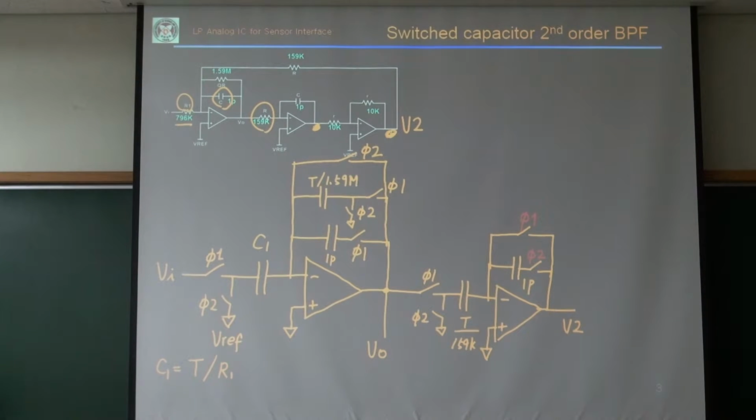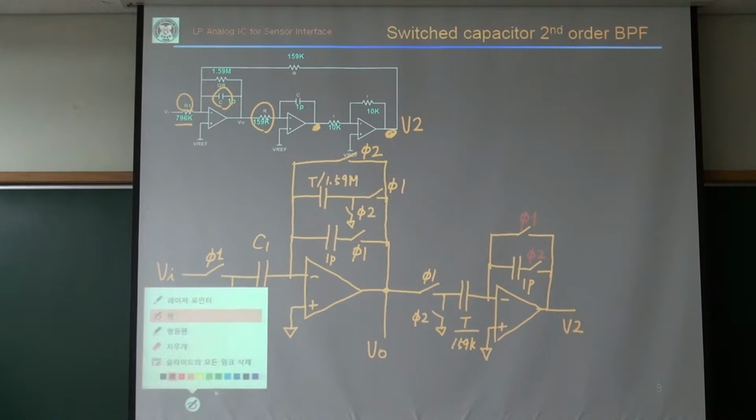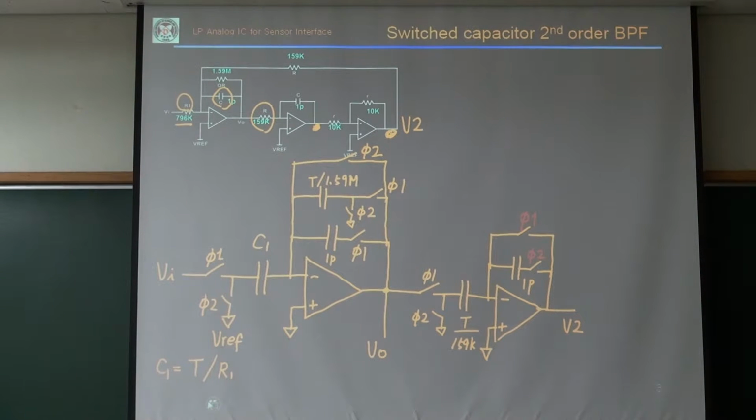So here, see, you can see, yeah, during phi 1 phase, so this switch is on and this switch is on. Then, yeah, this voltage will be input offset voltage. So voltage across this switched capacitor is VO minus input offset voltage, right?